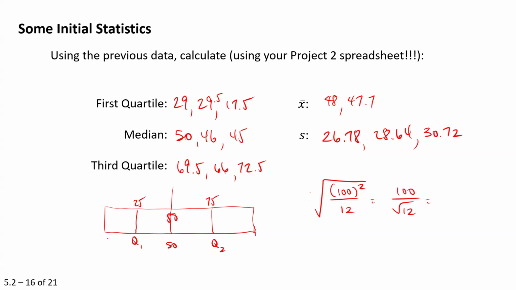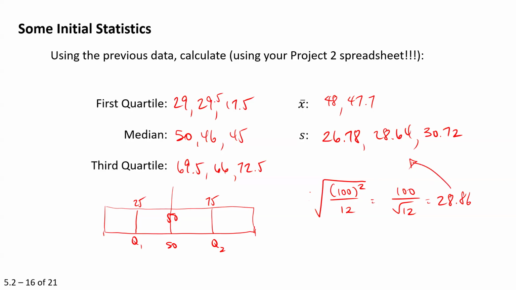Just the difference between A and B. That's in the formula, actually. Yeah. So 100 divided by the square root of 12. What was that? 28.86. Is that pretty close to the things you all came up with? Yeah, it's pretty close here.